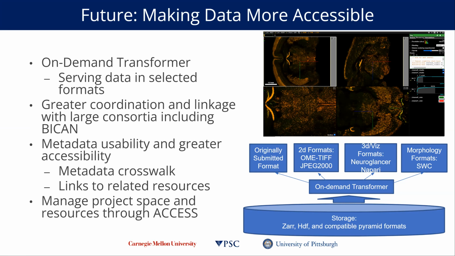We also intend to provide greater links to related resources, such as the Allen Brain atlases. Furthermore, we do intend to manage our project space and resources better through the Access program.